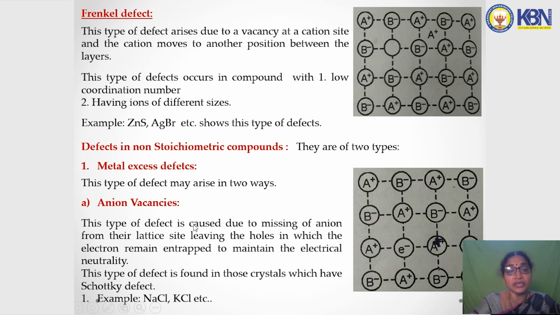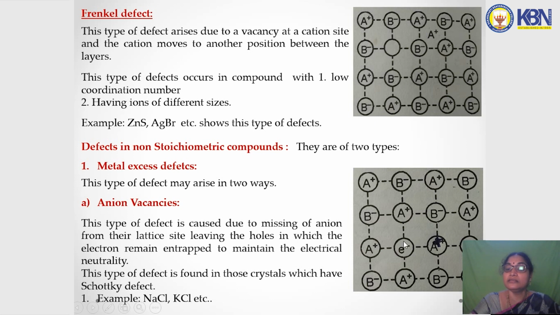Coming to the anion vacancy, this type of defect arises due to the missing of an anion from its lattice site, leaving a hole, and the hole is occupied by an electron to maintain the electrical neutrality. This is known as anion vacancy.